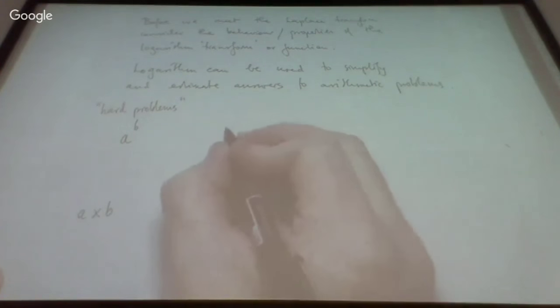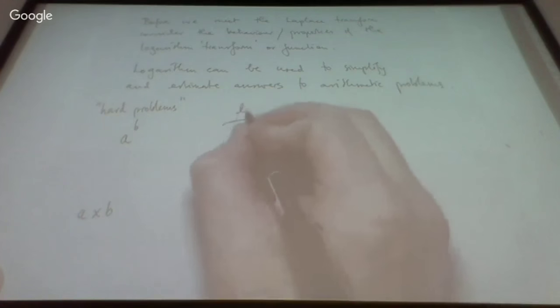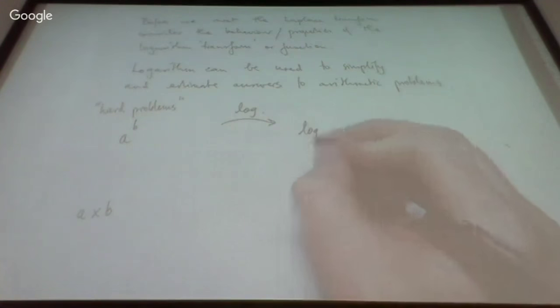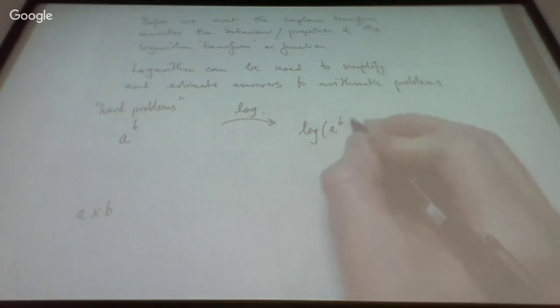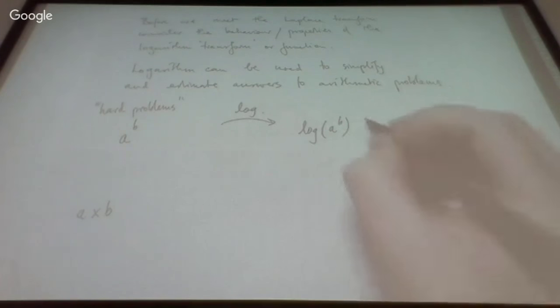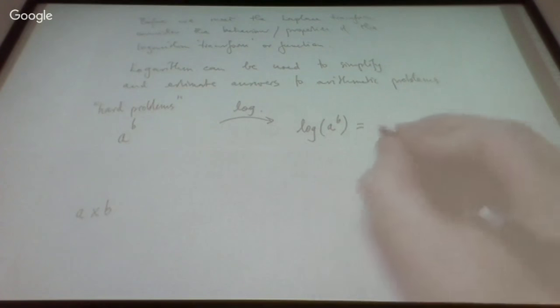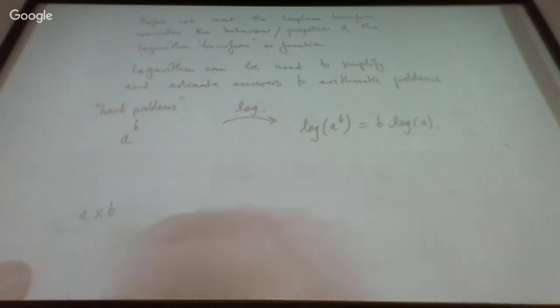But if we apply the logarithm to these, then they suddenly look a little bit easier if we're willing to work in terms of logarithms. Because the well-known property of logarithms is that the logarithm of the power comes down and simply multiplies the logarithm value. Also, if you take the logarithm of a product, a times b, it becomes the sum of the individual logarithms.